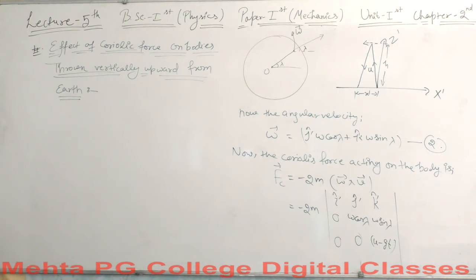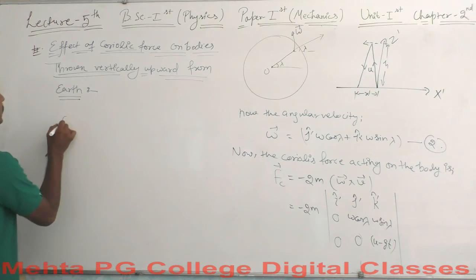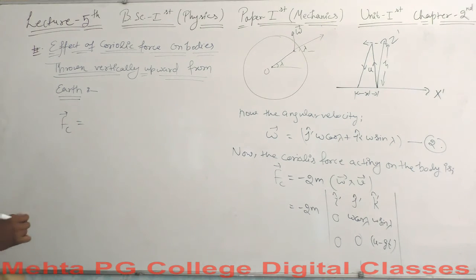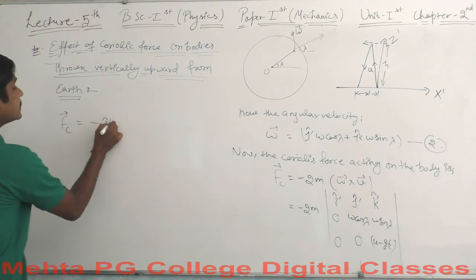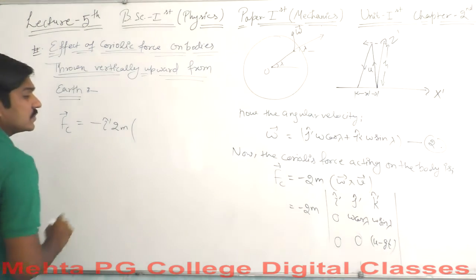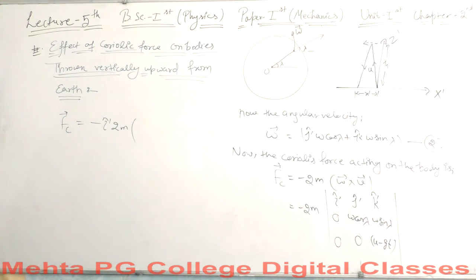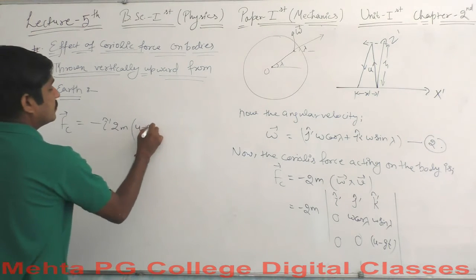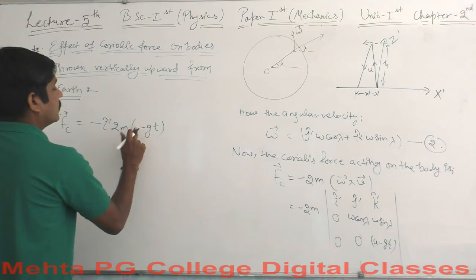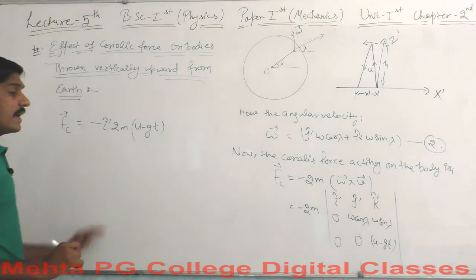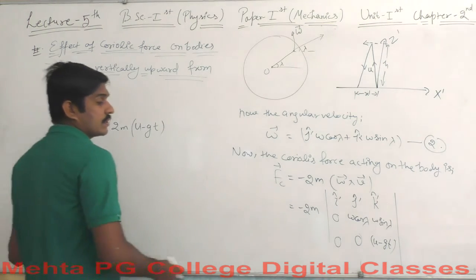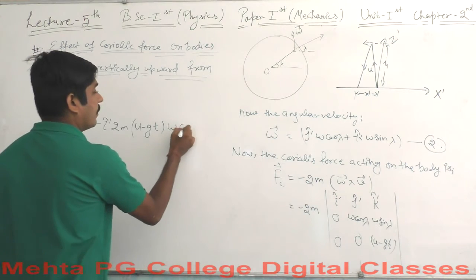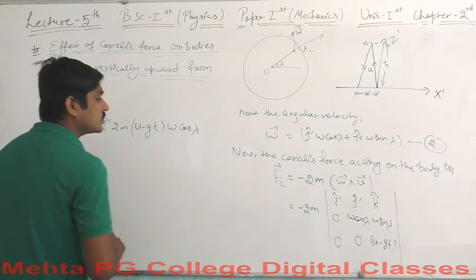So the value of Coriolis force, which is the Fc, I am writing only the result here. This will exist only for the i dash cap, none other than the i dash cap: minus i dash cap, 2m, u minus gt, omega cos of lambda.